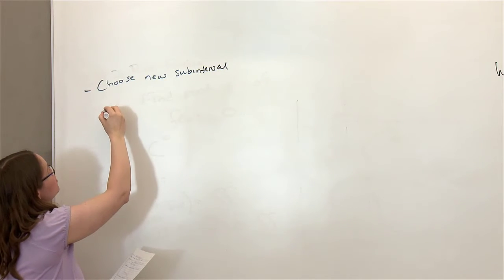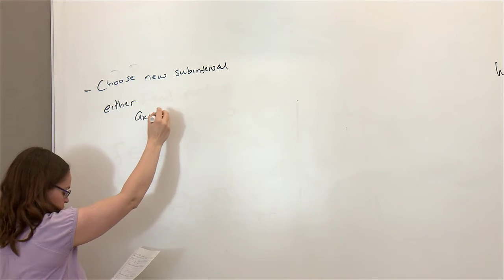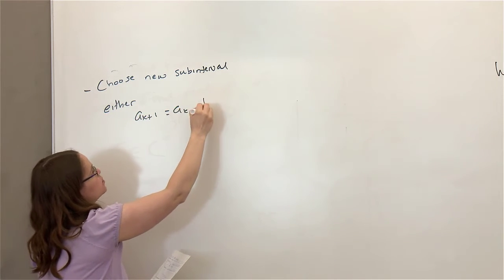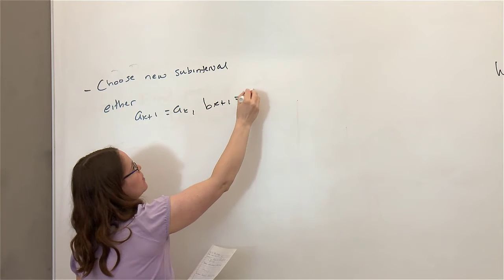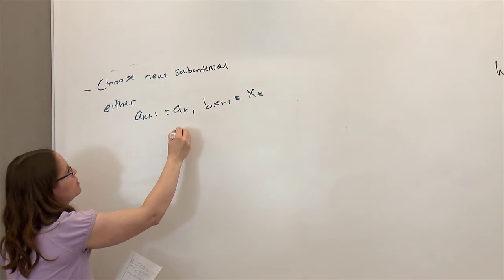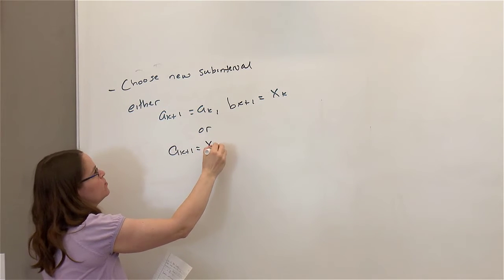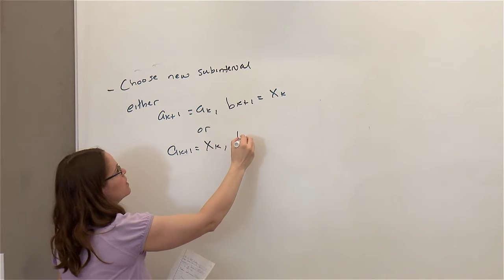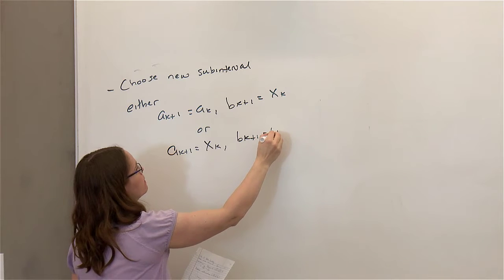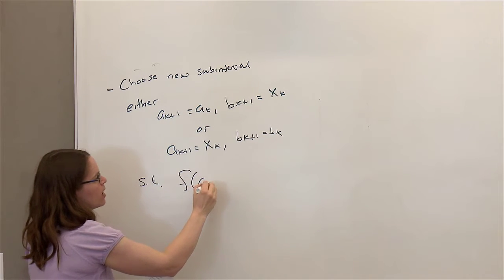We either have ak plus 1 exactly the same as ak, and bk plus 1 as this midpoint we just calculated, or the other way around, where we update our left endpoint and leave our right endpoint the same. Again, we want a sign change in the middle.